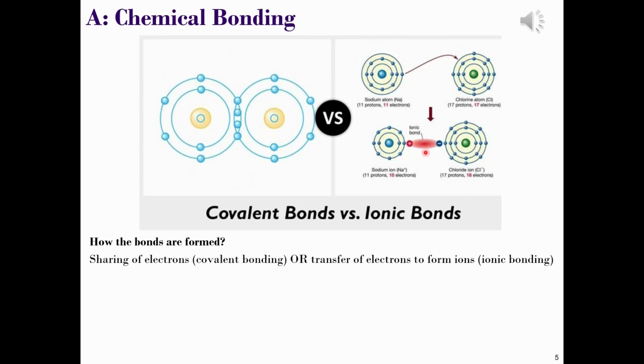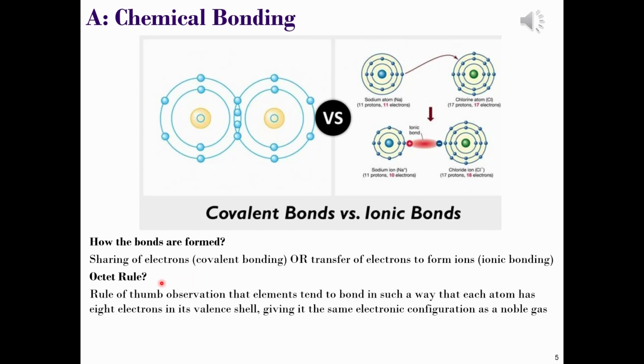Now, as I mentioned before, why do atoms want to do this? Typically, it's so that they can achieve the noble gas configuration. And for the main group elements, there's a rule of thumb observation called the octet rule.